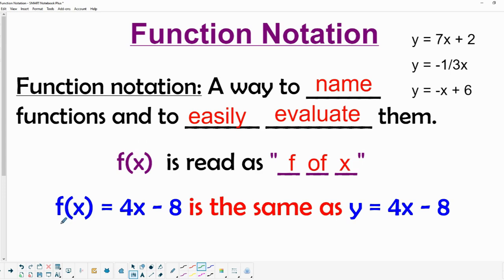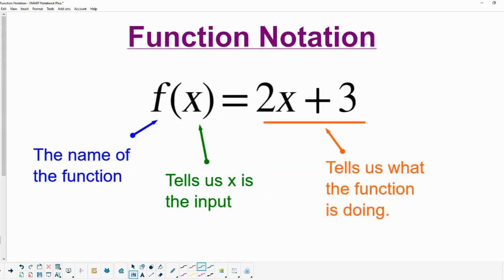What we're trying to emphasize is this is the same as the equation, but this function notation version allows us to do a couple of extra things that are helpful.